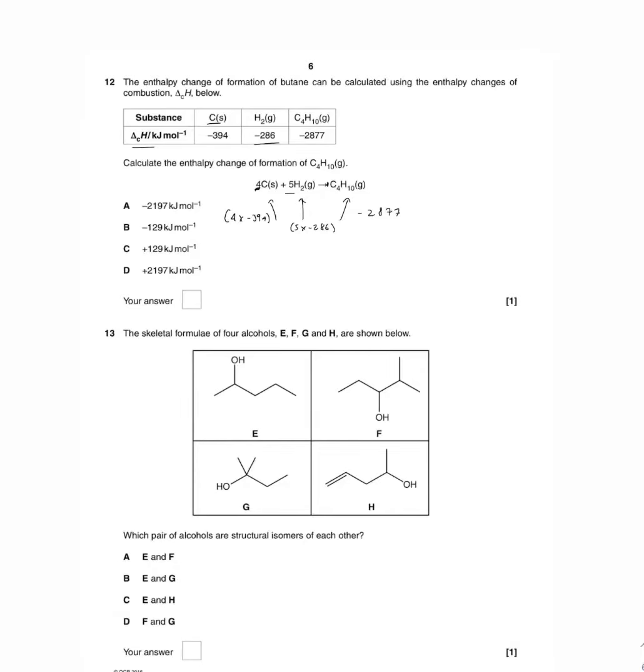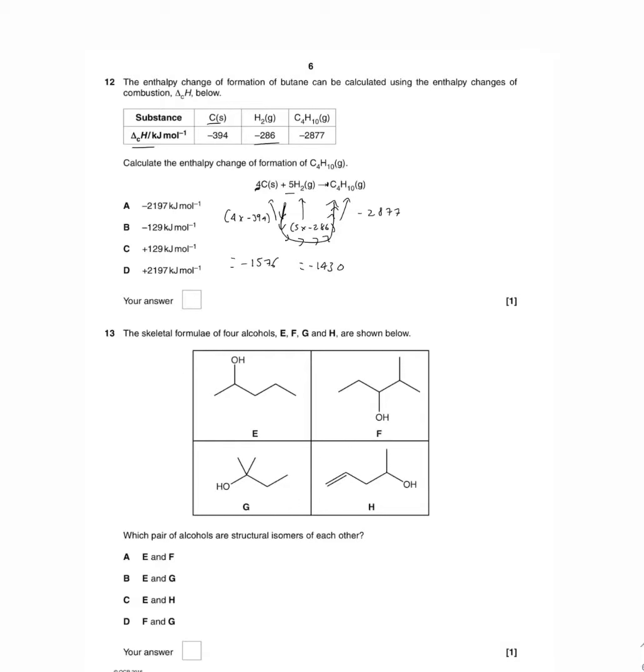And so you go from opposite the reactants to the products. And so you're going against the arrows, going down against the arrow with the reactants and with the arrow for the products. So 4 times minus 394 does equal minus 1576. And 5 lots of minus 286 is minus 1430.